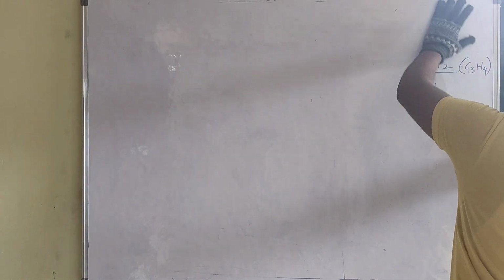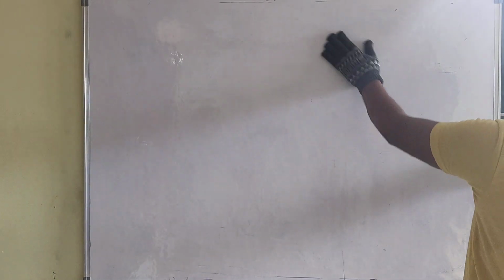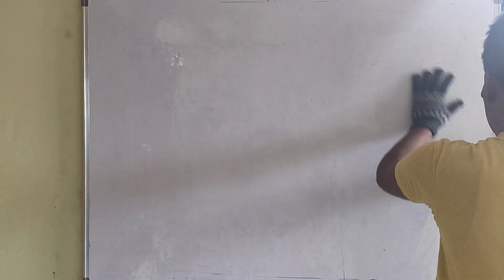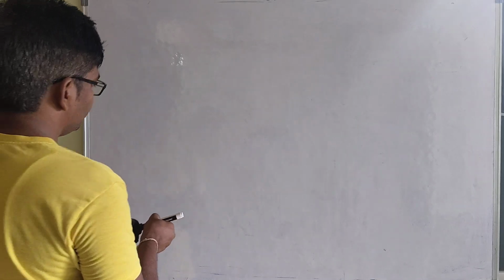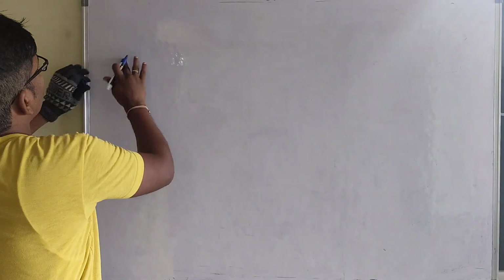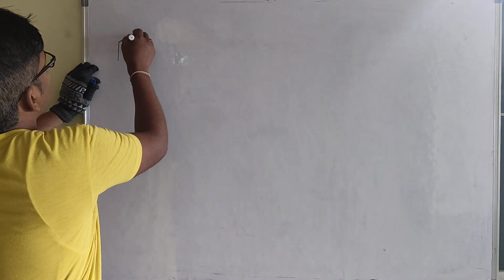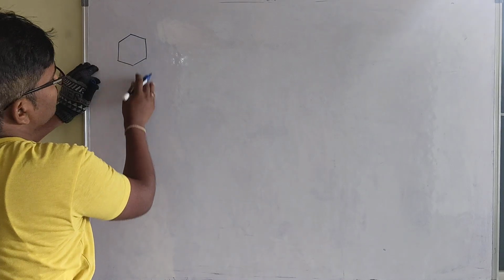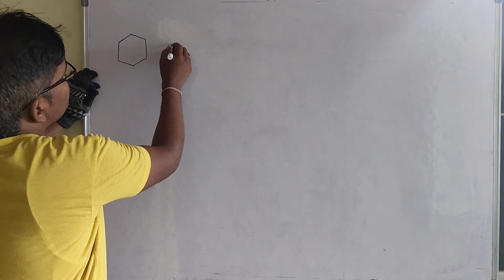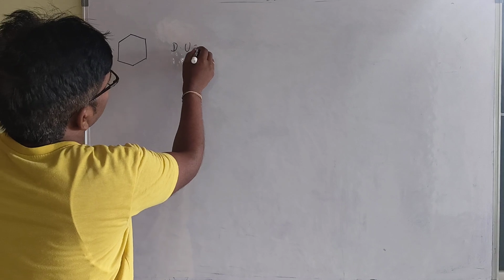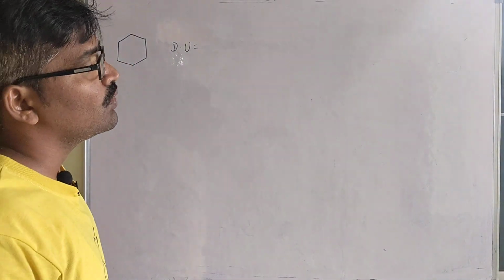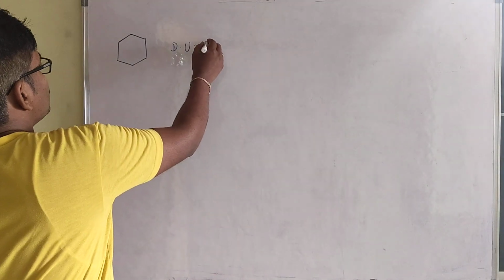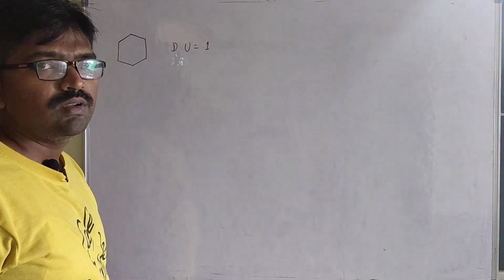So look at, for example, cyclohexane we have taken. Then what is the degree of unsaturation in it? 1. Sir, why 1? Sir, because one ring is possible, the degree of unsaturation is 1.